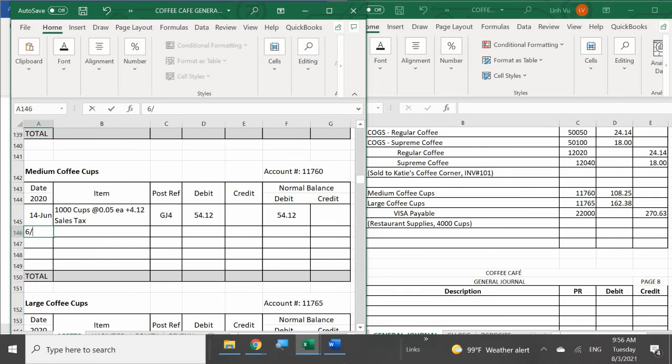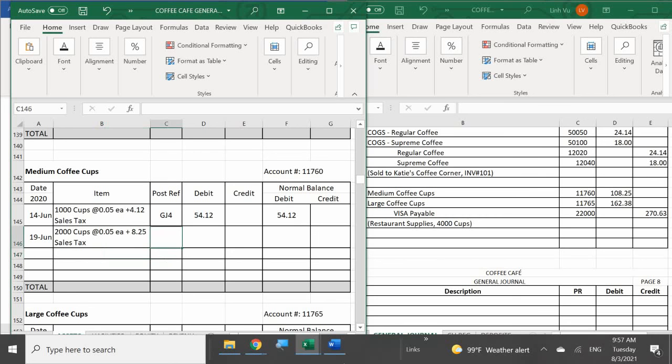Okay, it's the 19th. 2,000 cups at 0.05 cents each plus $8.25 sales tax.